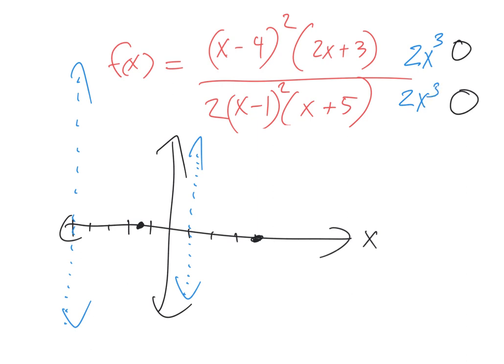The limit as x approaches infinity: take 1,000,000 and you cube it, you multiply it by 2, that's the same number in both. All of the other terms will still exist, but they're going to be much, much smaller.